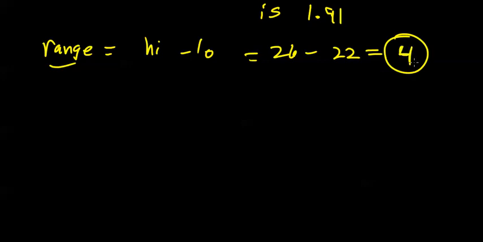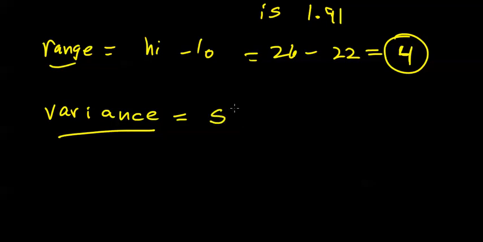There is a third measure of spread we call variance. Well, your variance is given the symbol s squared. And all it is, really, is the square of the standard deviation. It's your standard deviation formula without the square root.